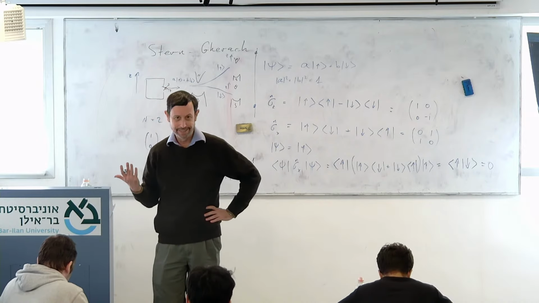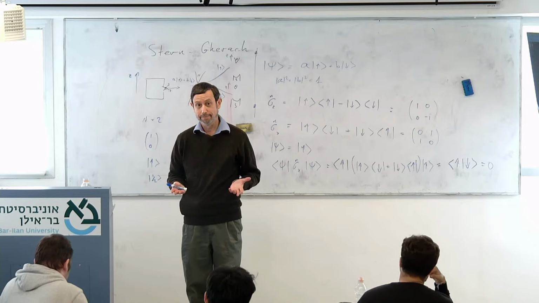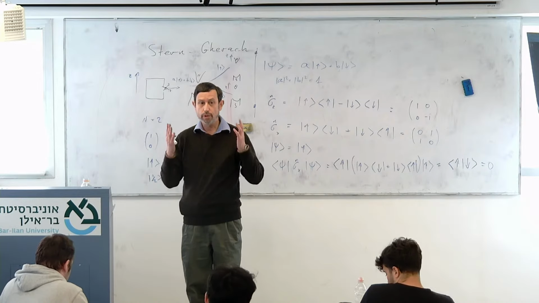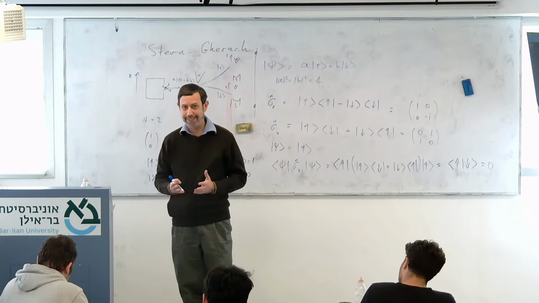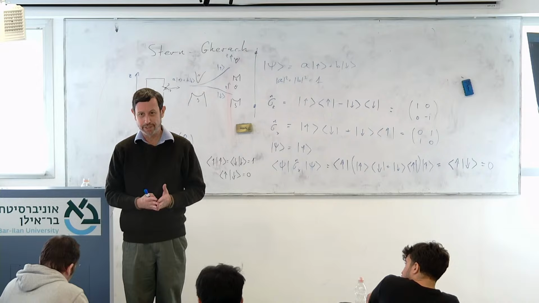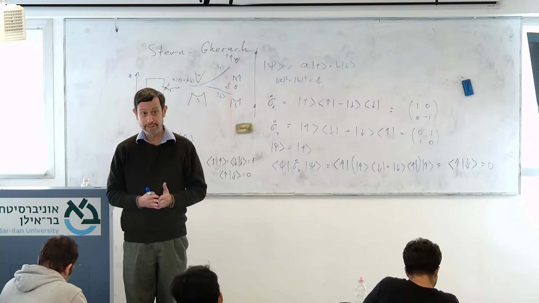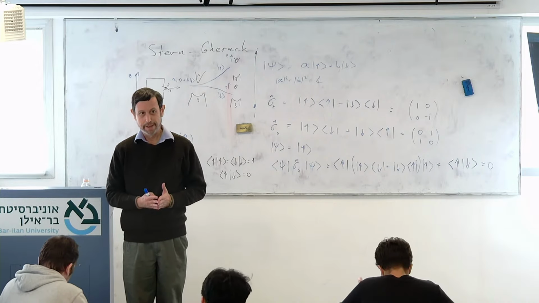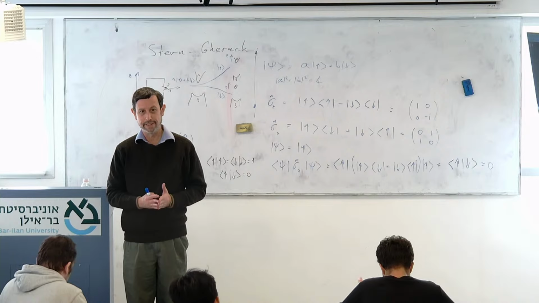Now you hit your head on the principle of uncertainty. Although you know z completely, the magnetic moment in the z direction, you know nothing about the moment in the x direction.